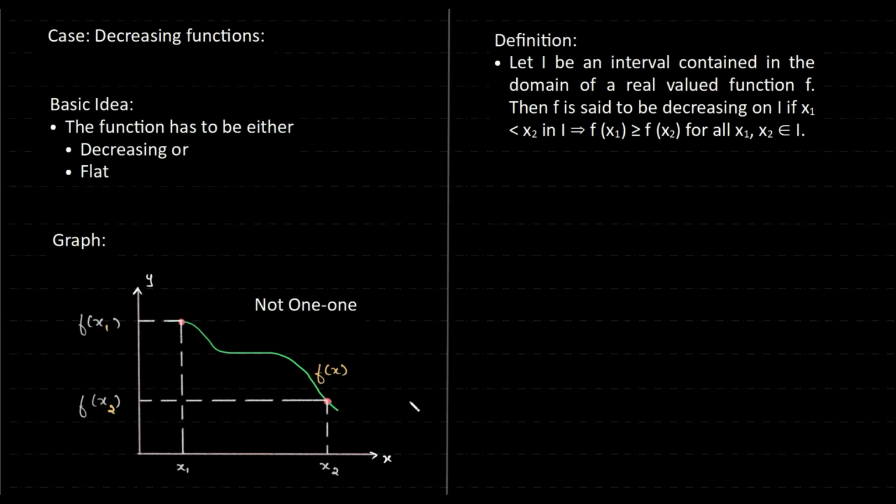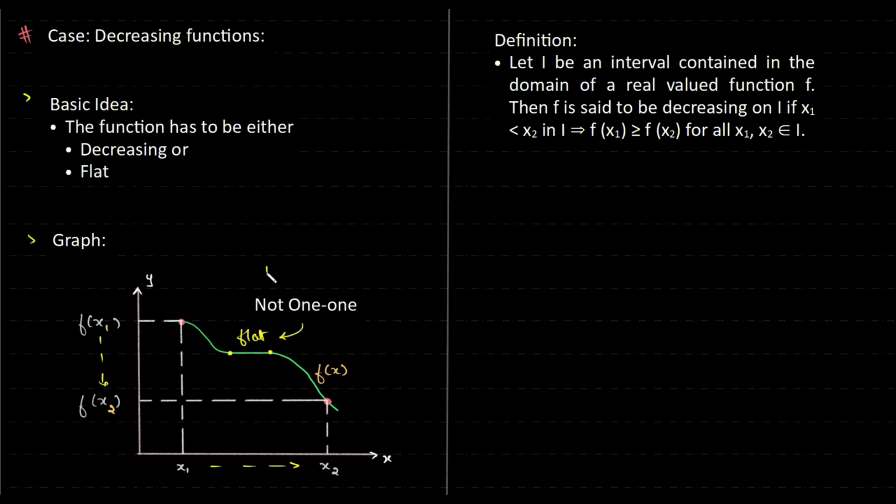Now decreasing function. As you guys can guess from the graph, let me not even read through. Let's see what the graph tells. We have x1 and this is x2. x2 is on the right. f of x1 is greater than f of x2. And we can have a flat region, and so this is not 1, 1.